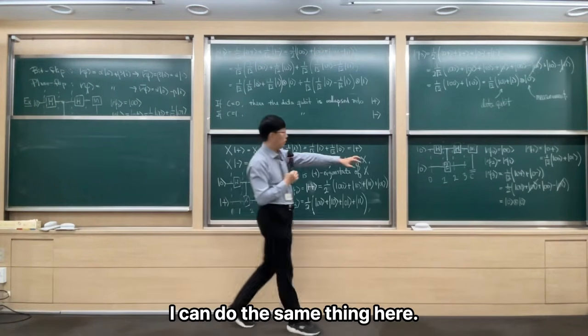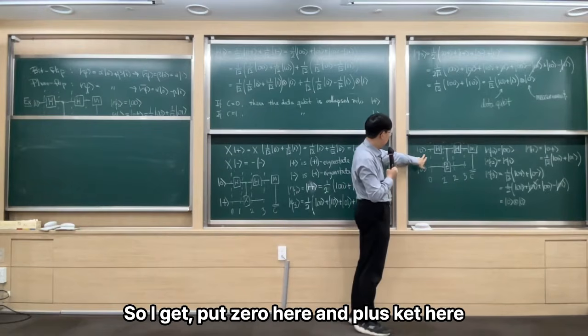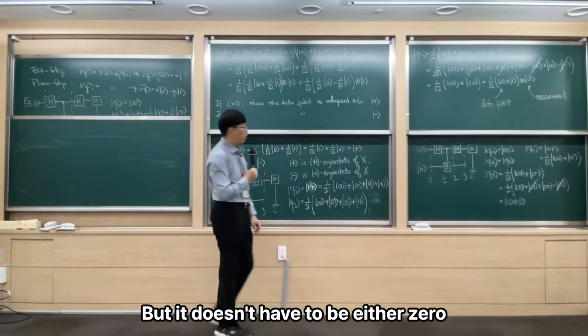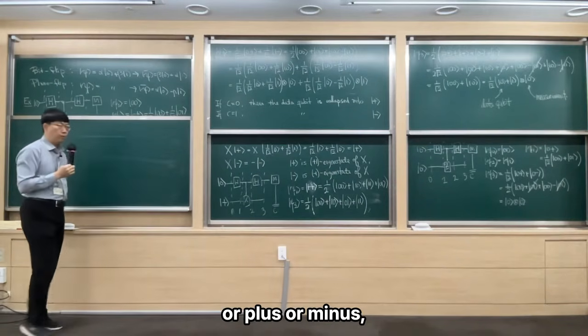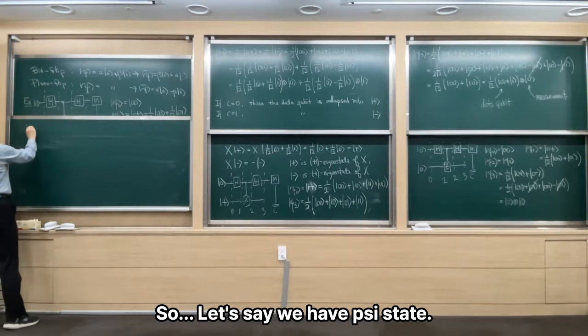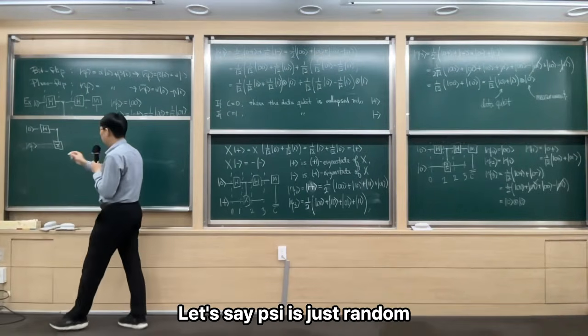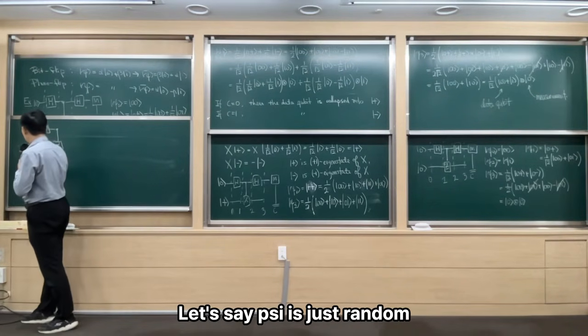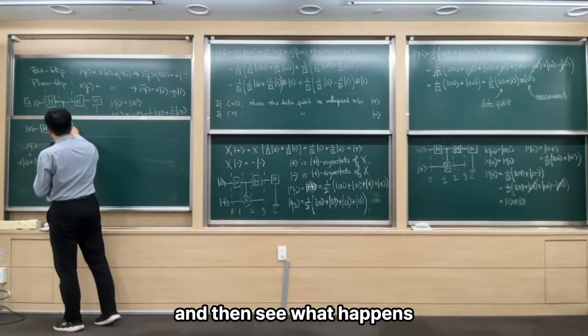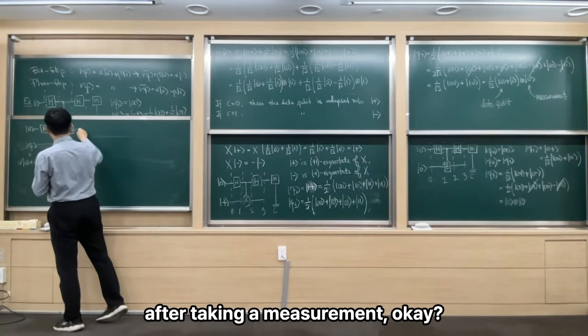I can do the same thing here, so I put 0 here and plus ket here and see what happens. But it doesn't have to be either 0 or plus or minus. It can be any quantum state. So let's say we have a state psi, just a random quantum state here, and then see what happens after taking a measurement.